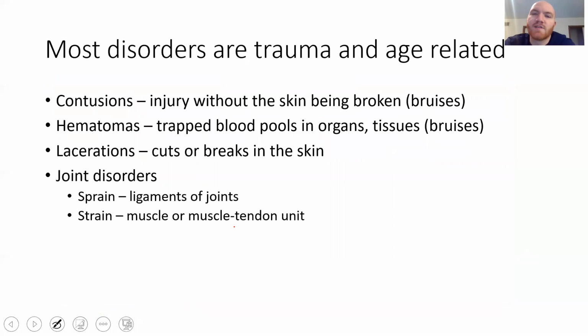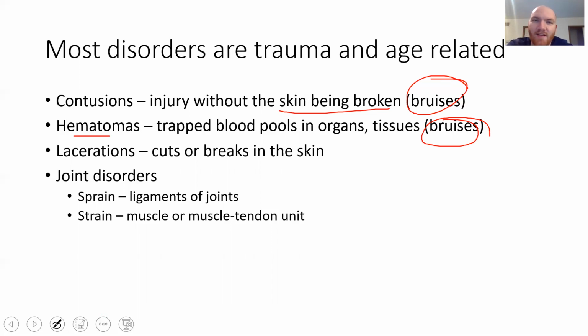Most musculoskeletal disorders are related to either trauma or aging. There are contusions, which are basically any injury where the skin isn't broken. An example of this is bruises. There are hematomas, which is where blood basically gets trapped. Blood flow cannot return back to the lungs and heart, and it'll pool up. Bruises are a low grade example of it.